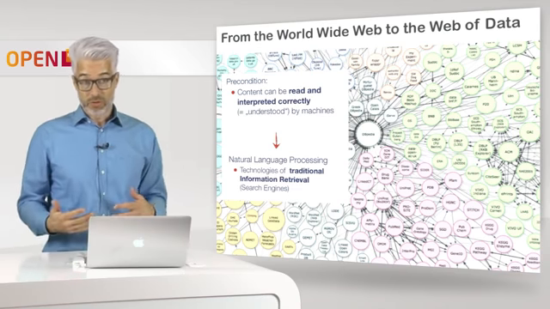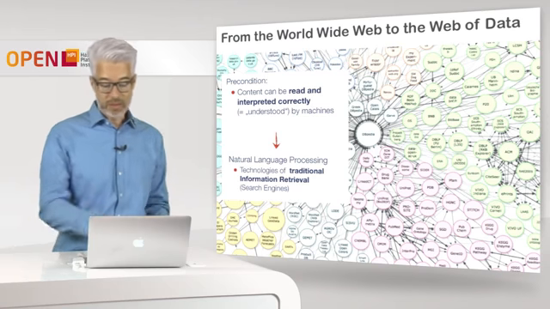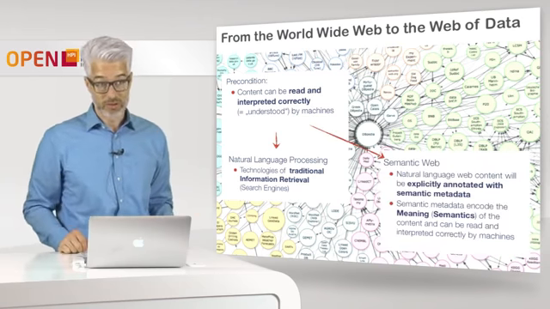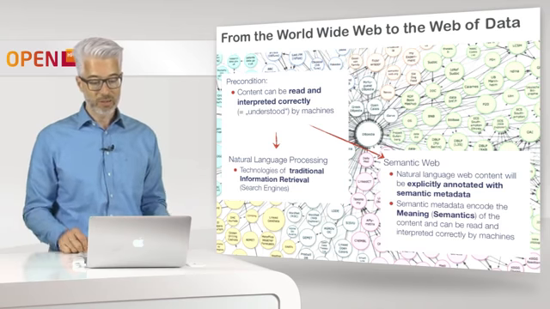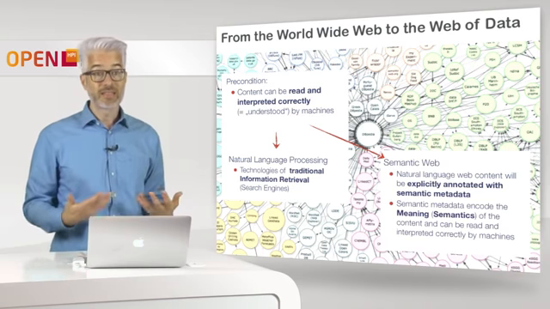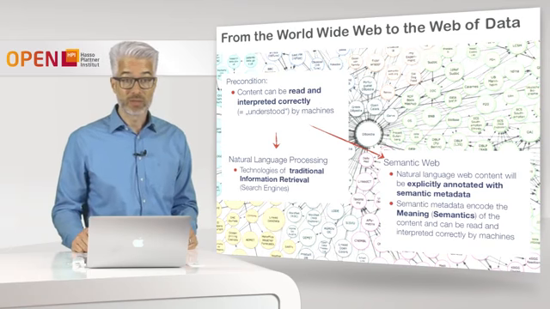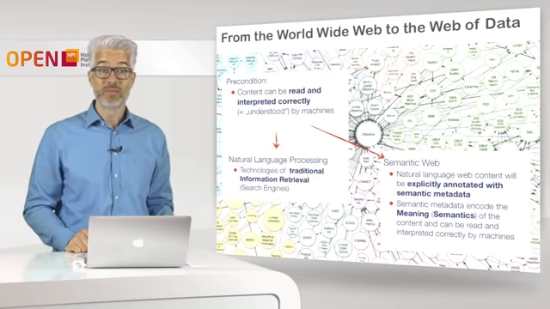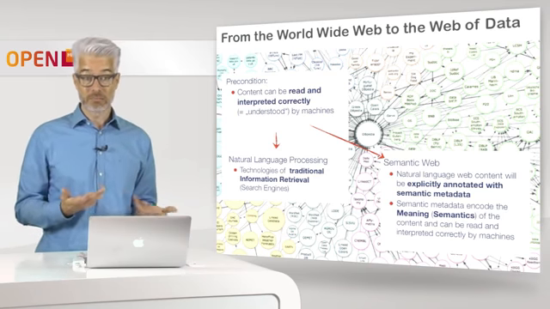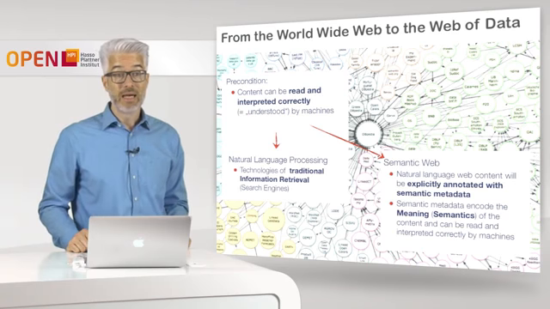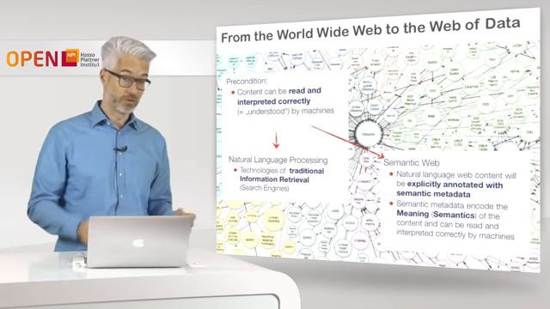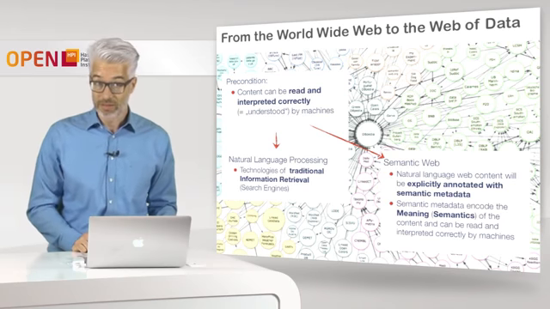But another approach, which is different but also can be complementary to the first approach, is the semantic web approach. With semantic technologies, you will be able to annotate natural language web content explicitly with semantic metadata. And semantic metadata in this sense means it encodes the meaning, the semantics of the content, and it can be read and interpreted correctly, so understood in that case, by machines.